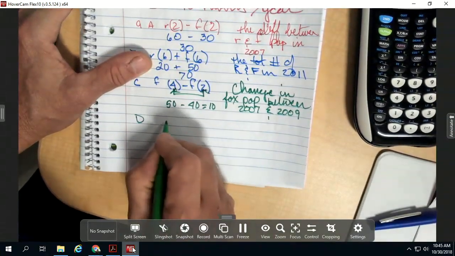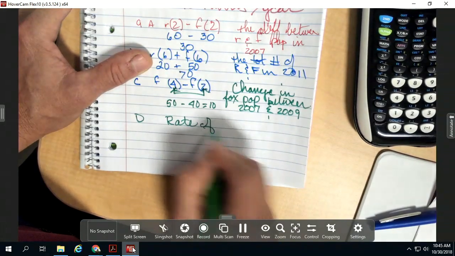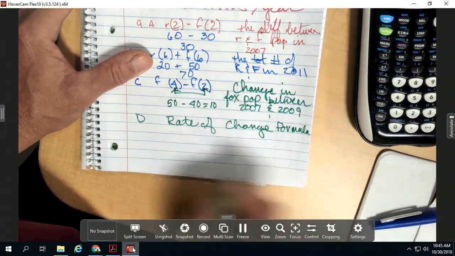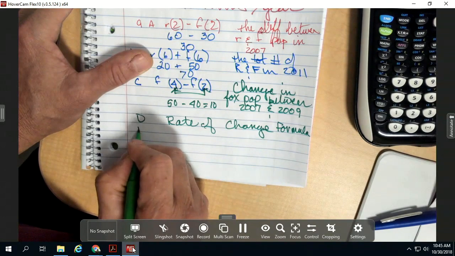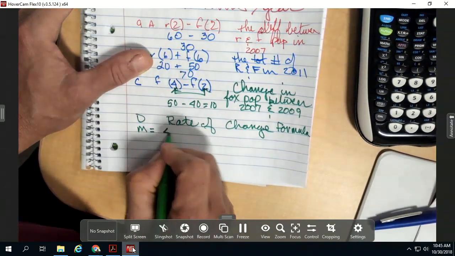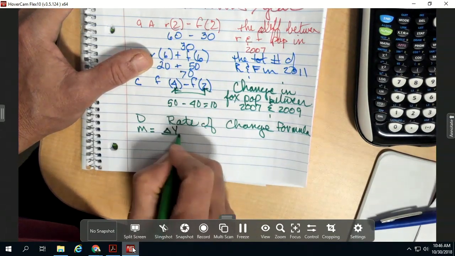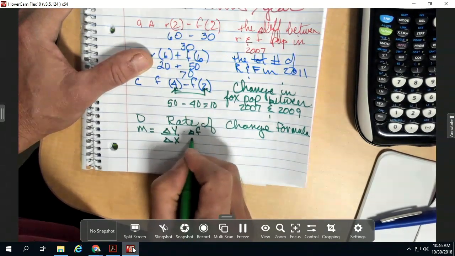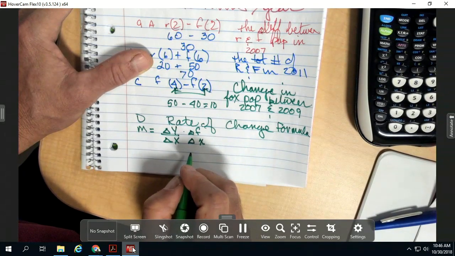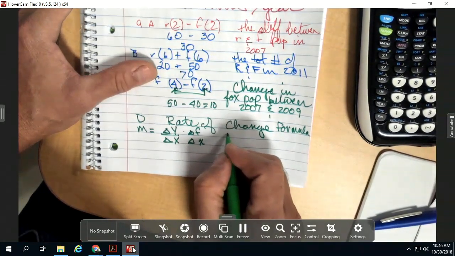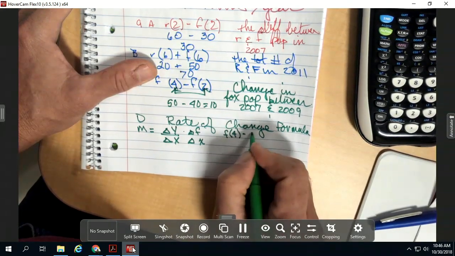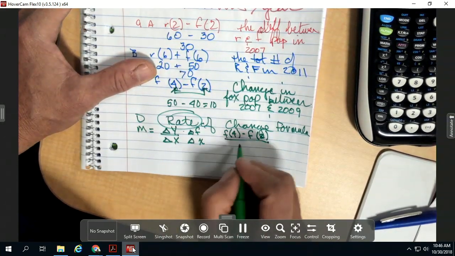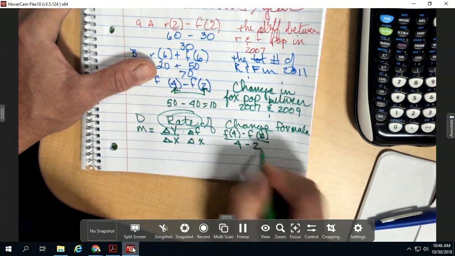Part D is the rate of change formula. It's the slope, M, which is the change in Y over the change in X, or in our case, the change in F over the change in X. And it's going to be the second one, F of 4 minus F of 2 divided by, notice it's rate, which means it's going to be a divide by 4 minus 2.